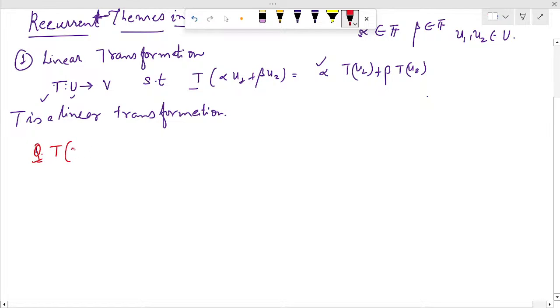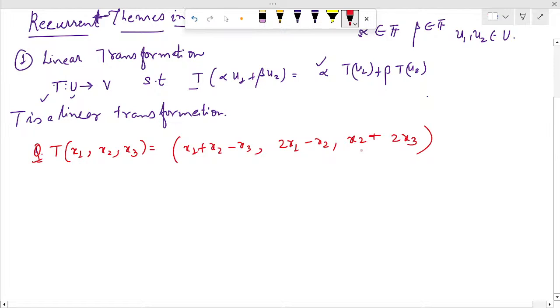Let's say T of x1, x2, x3 is given by x1 plus x2 minus x3, 2x1 minus x2, and x2 plus 2x3. You are asked whether this is a linear transformation or not.